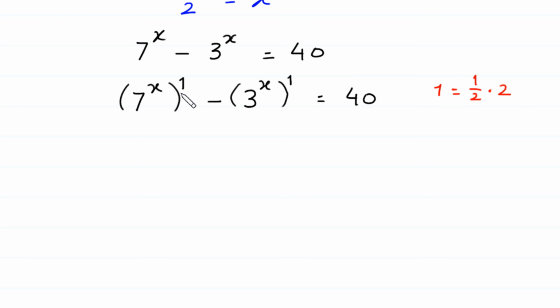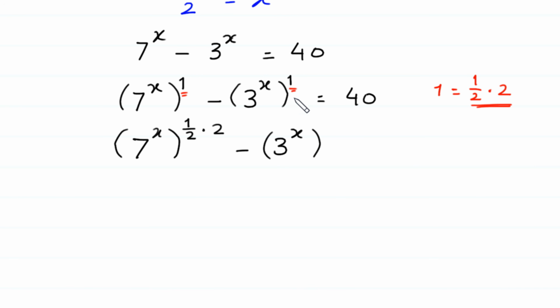So we replace this one and this one with 1 over 2 times 2. 7 to the power x whole to the power 1 over 2 times 2 minus 3 to the power x whole to the power 1 over 2 times 2 is equal to 40.